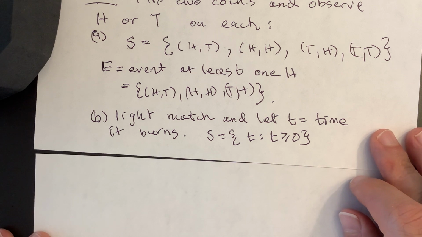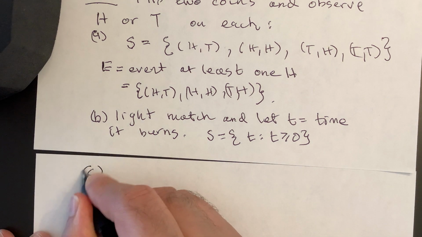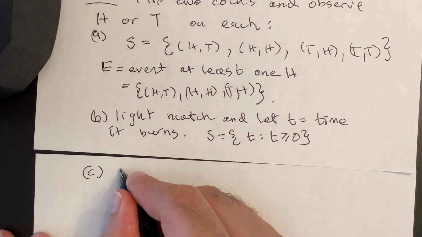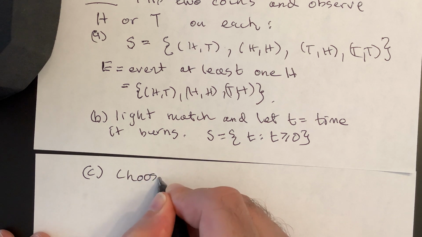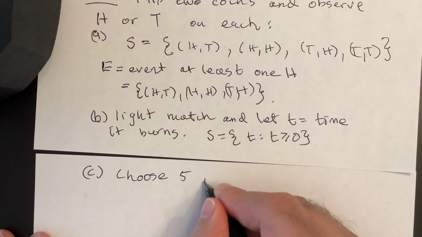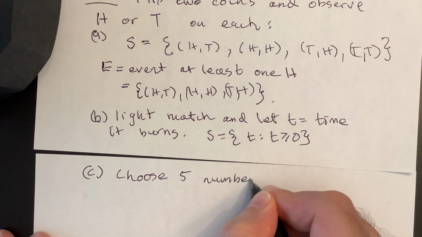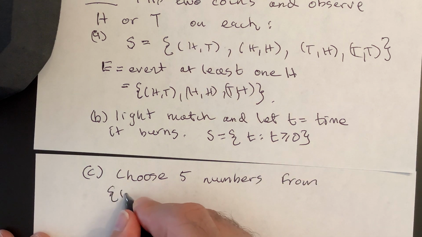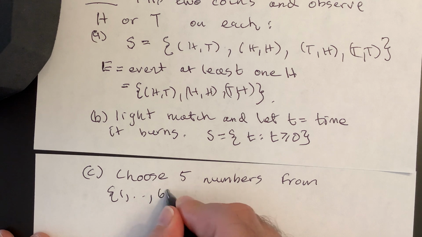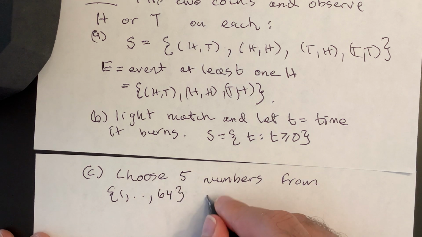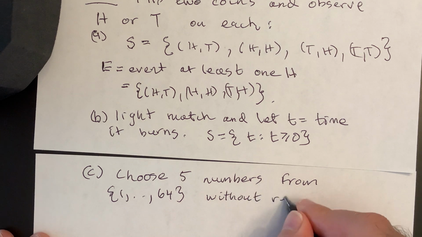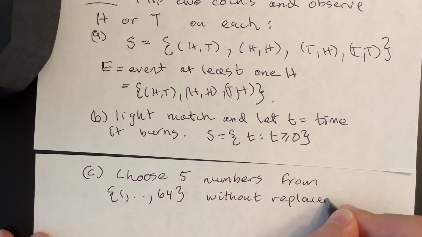Let me give you another one. So C. Here's the experiment. Choose 5 numbers from the integers 1 to 64 without replacement. So I can't have 2 of the same.